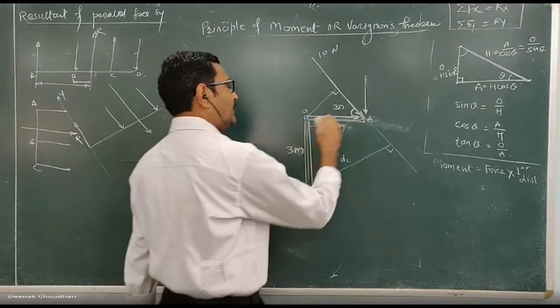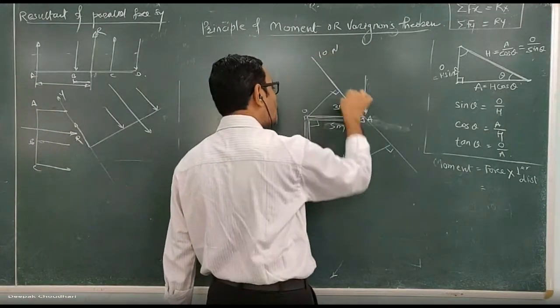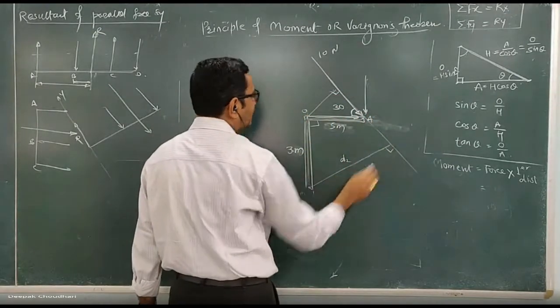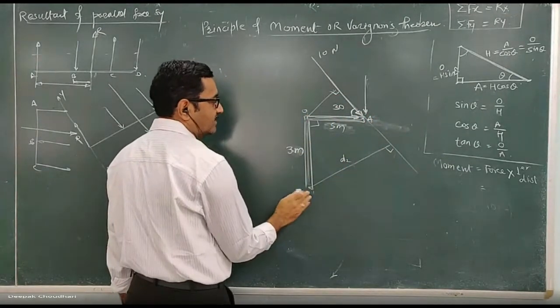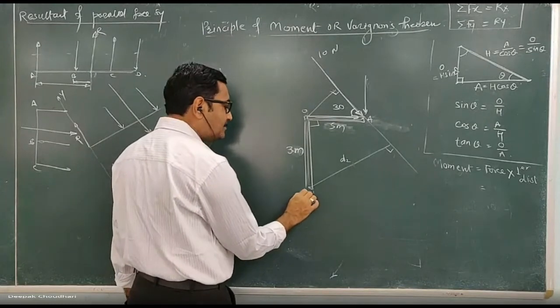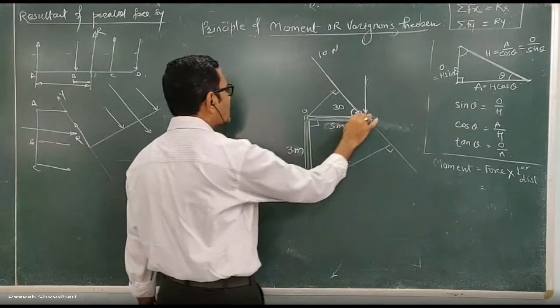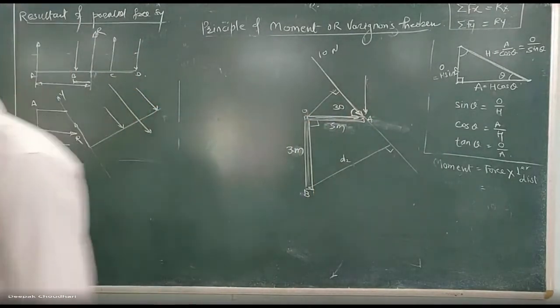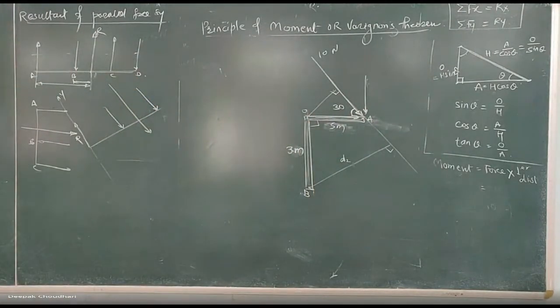In yesterday's lecture I told you that whenever the force is inclined, instead of finding the perpendicular distance of that force from the moment center, it is always better to resolve the force into two rectangular components and take the moment of those components to get the moment of the original force.